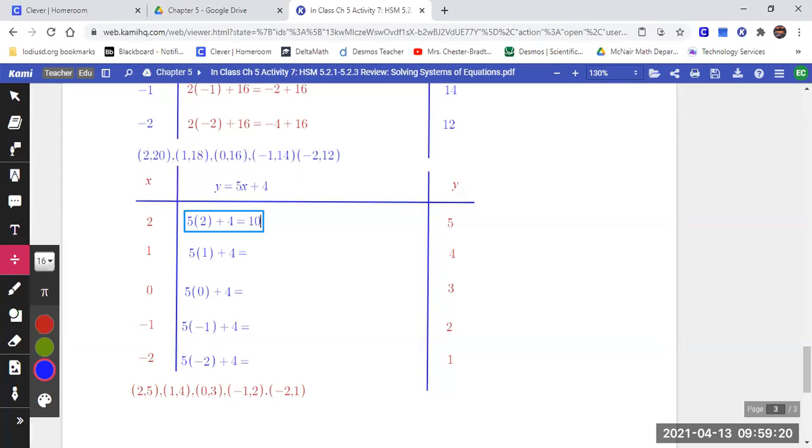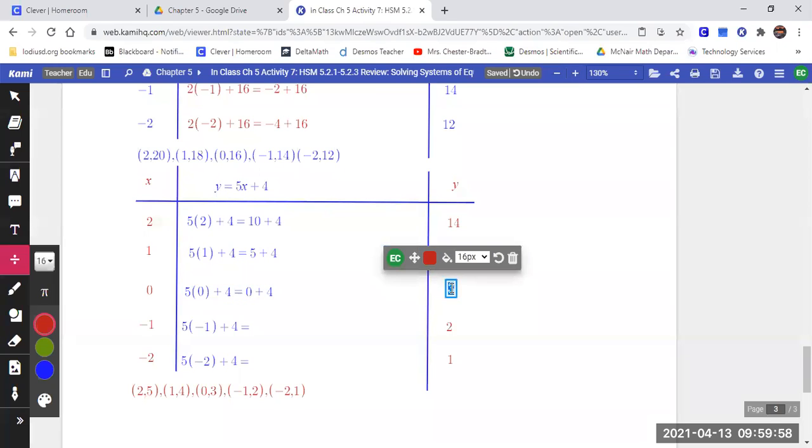Yep. 10 plus 4 for an answer of 14. Okay, next. 5 plus 4 for an answer of 9. Next one. Zero plus 4 for an answer of 4. Okay. Next one.